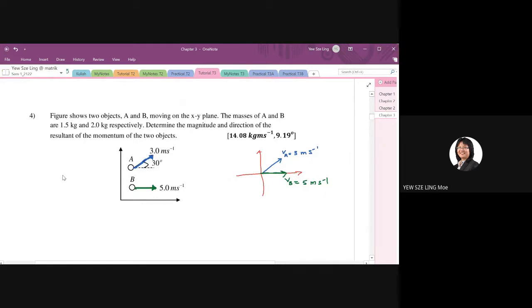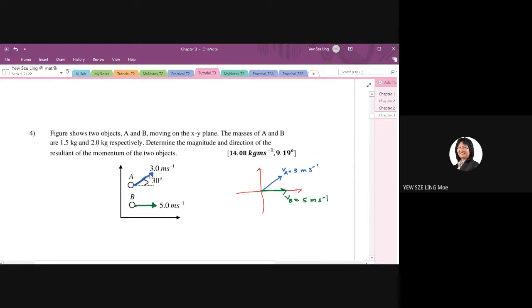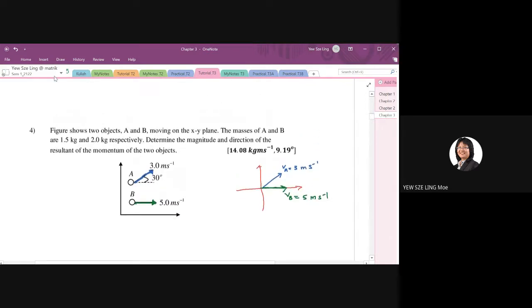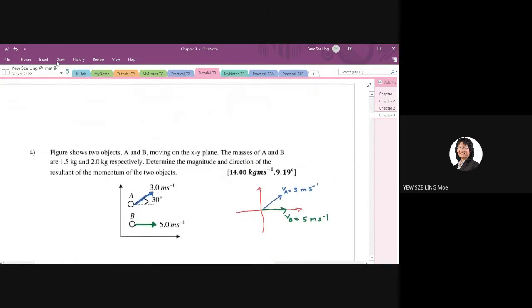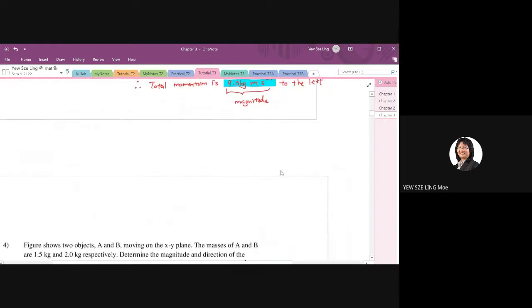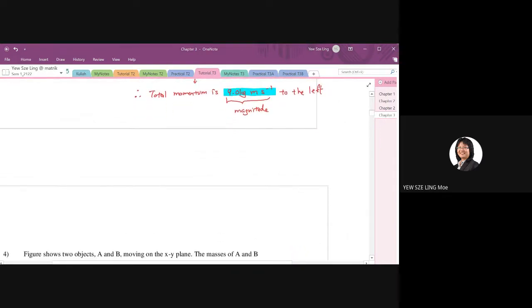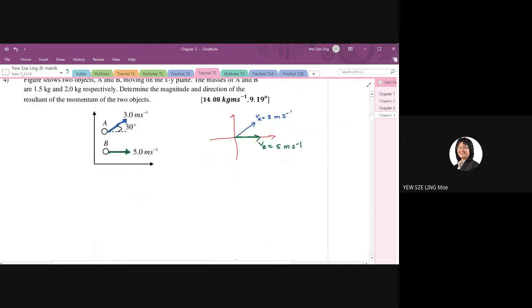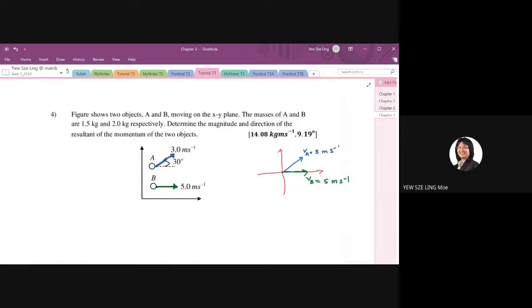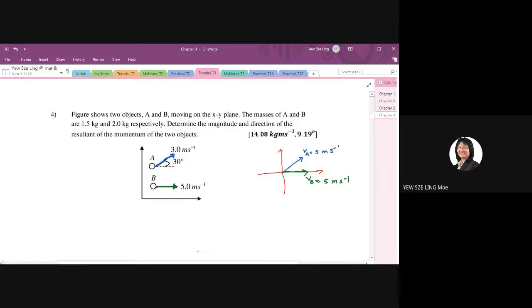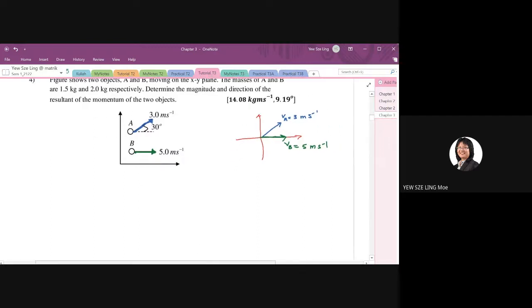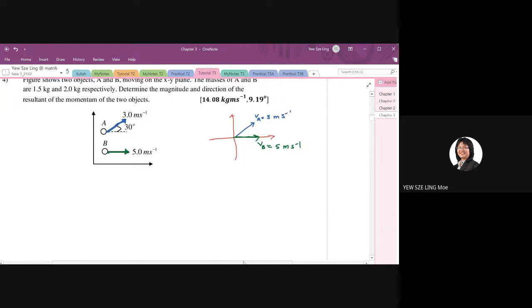So now I have a new Cartesian coordinate which shows the directions of the velocities.